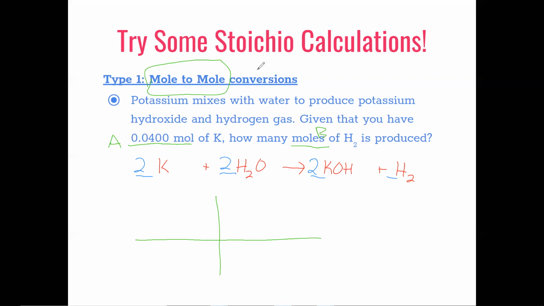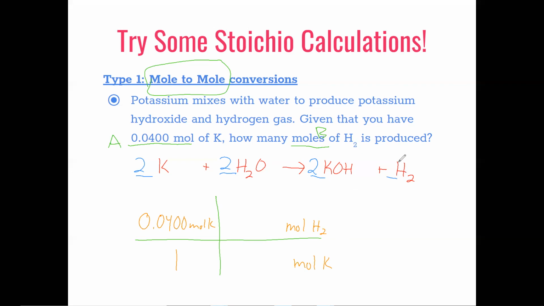As usual, we're going to put our given number in the upper left. 0.0400 moles of K. Placeholder 1. Moles of B over moles of A. Moles of what you want over moles of what you have. So moles of H2 over moles of K. Once again, this mole ratio is going to come directly from your equation.